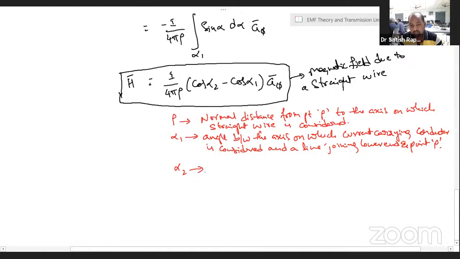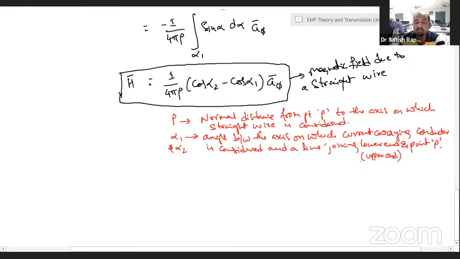So therefore, I will combine those, alpha 1 and alpha 2. So lower end is for alpha 1, upper end is for alpha 2.